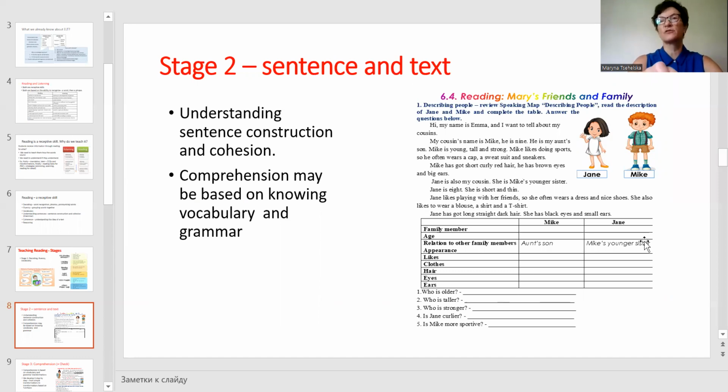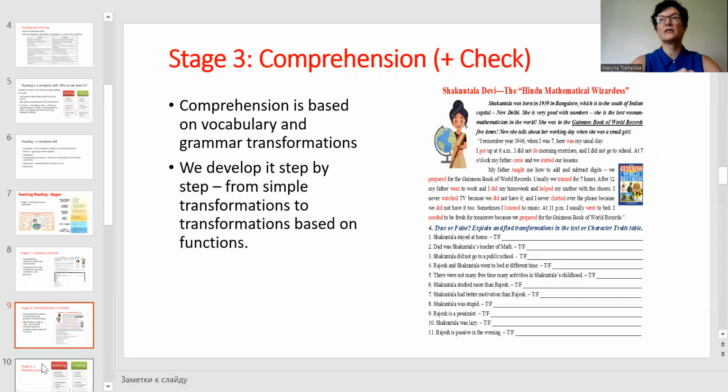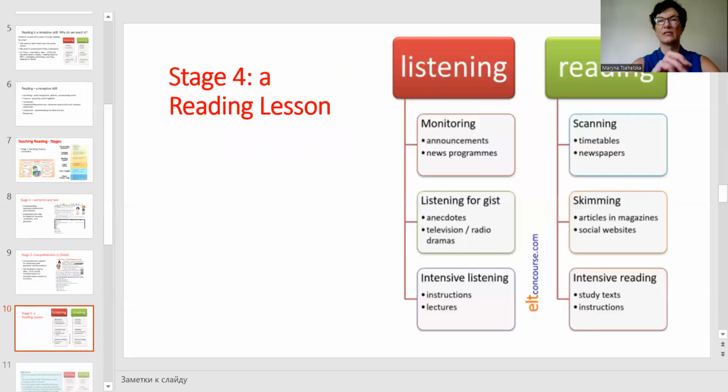And the more you use transformations, the more you develop your students' language skills. And at the high level, like this is the fourth level, so we already try to check comprehension with true or false sentences that bring us through the transformation. All this is close to CCQs and is close to language development.